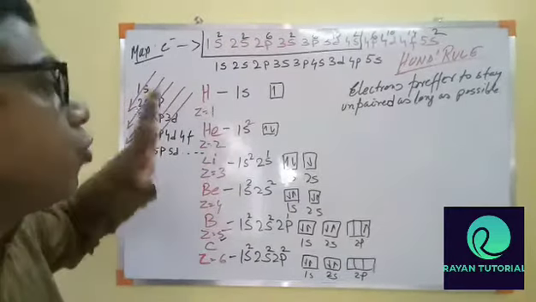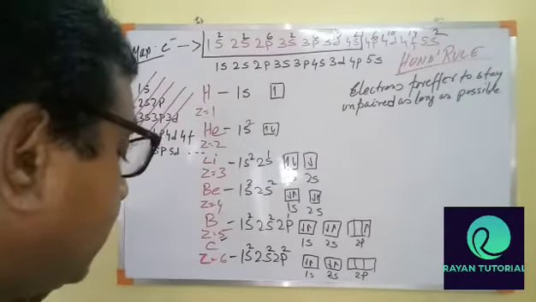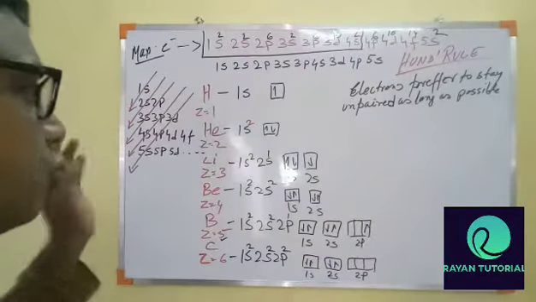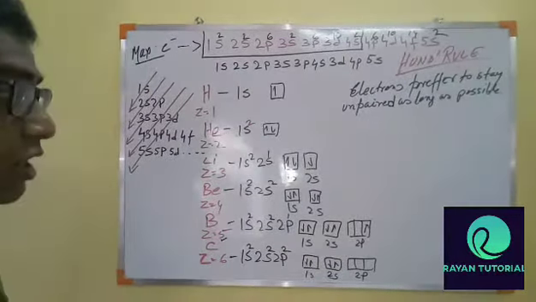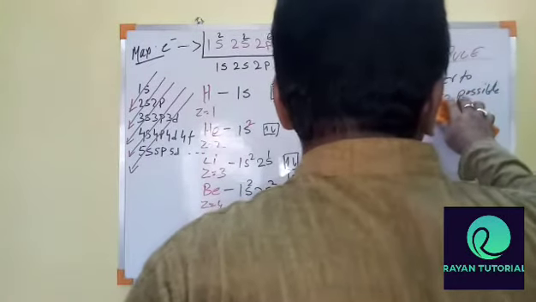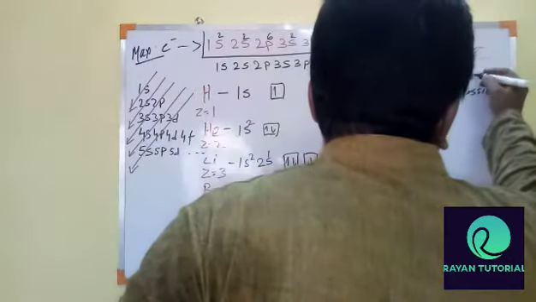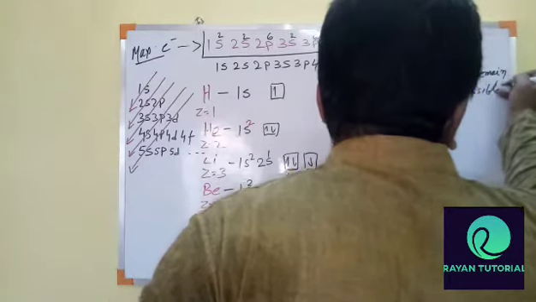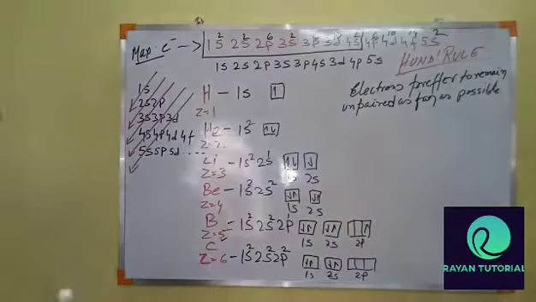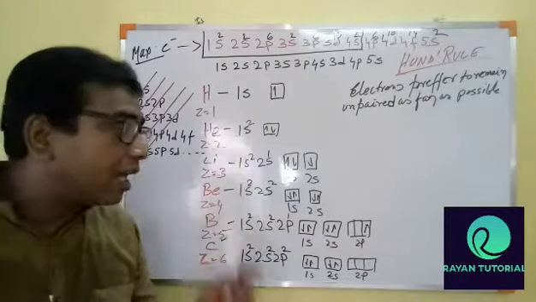So Hund's rule, what does it say? It says that electrons prefer to stay unpaired as far as possible. It should be as far as possible, and that is even better. I change this one so that later on no controversy comes. Otherwise you will say that Stan is teaching us the wrong thing. Electrons prefer to remain unpaired as far as possible.